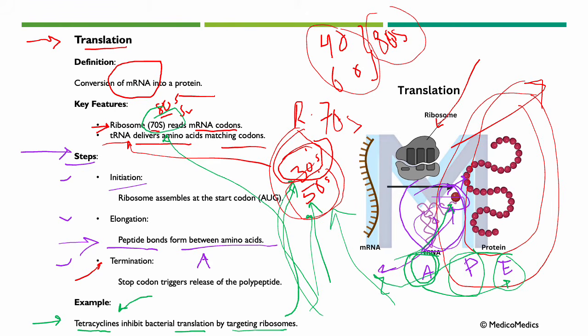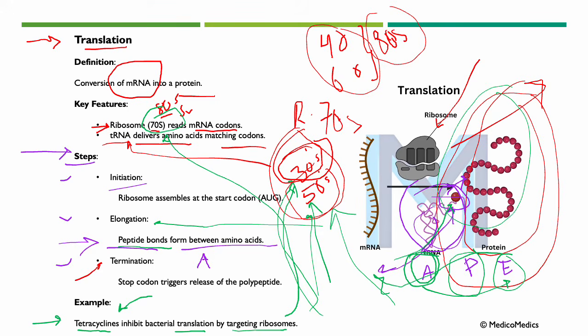So by understanding at this level, we get that tetracyclines are actually preventing the tRNA binding to this A site, blocking elongation. So we can't get peptide bonds forming between these amino acids. Ergo, we will not be producing these proteins.